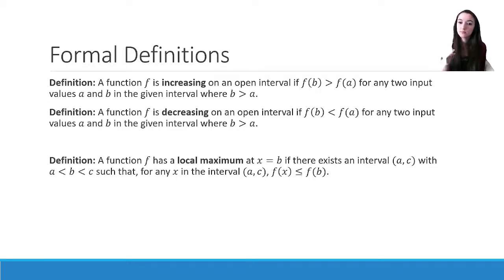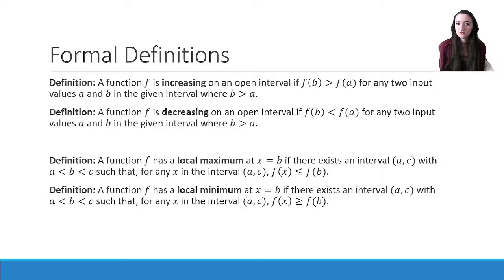Similarly, a local maximum occurs at x equals b if there exists an interval from a to c, where b is in the middle of them, such that for any x in the interval, f of x is less than or equal to f of b. So it is a local maximum if every other output value within that interval is less than this output value.